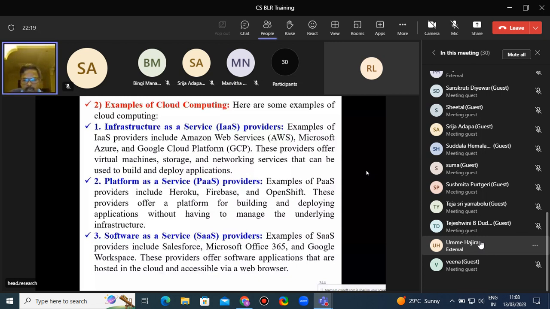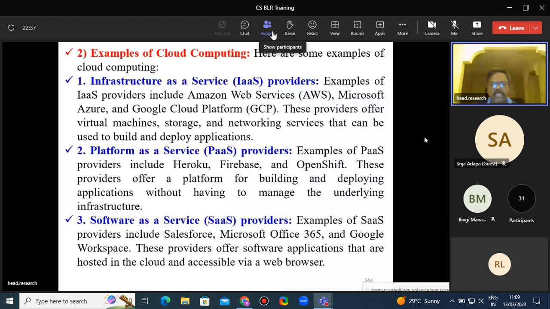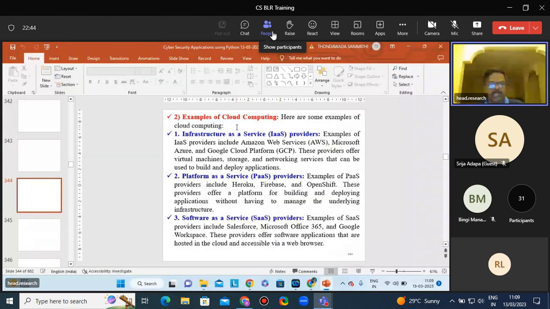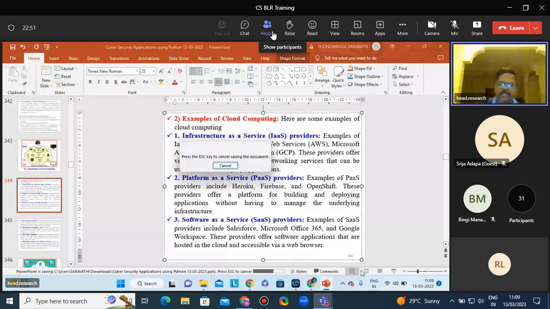So, examples of software as a service cloud include Salesforce.com, Microsoft Office 365, and Google Workspace. These providers offer software applications that are hosted in the cloud and accessible via web browsers. So that is called the examples of cloud computing service providers.